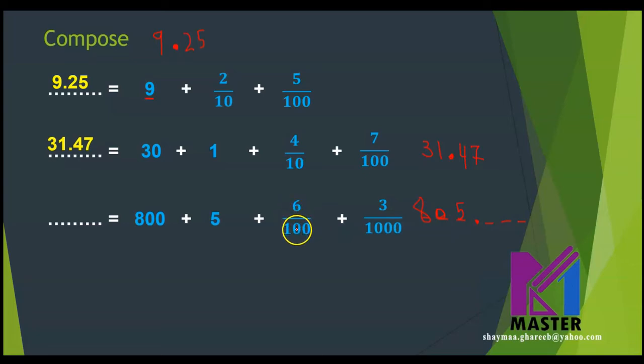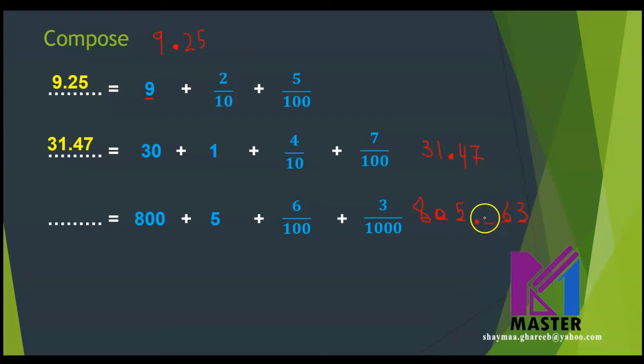Now let's start the decimal part. I have 6 hundredths. 6 over 100. Is it in the first place after the decimal point? No, the first place is for the tenth. So this 6 will be in the second place, which is the hundredths place. What about the thousandths? It's the third place, so there will be 3 thousandths here.